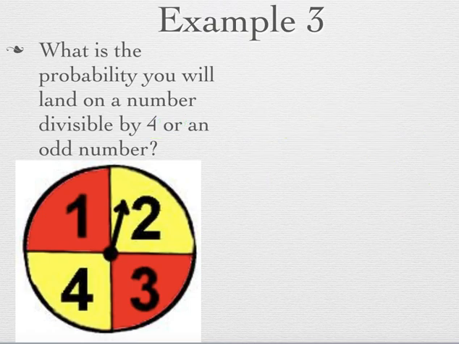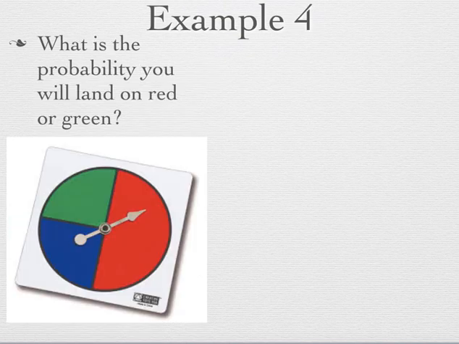So our fourth example is, what is the probability that you will land on red or green? Red or green. If you look at the figure, the colors are not in equal parts.